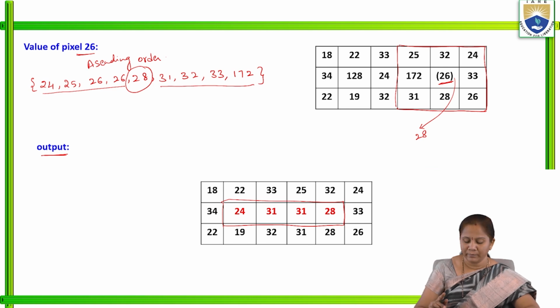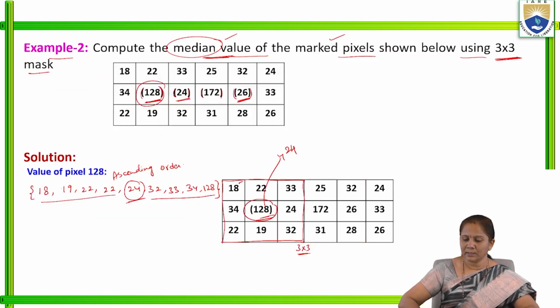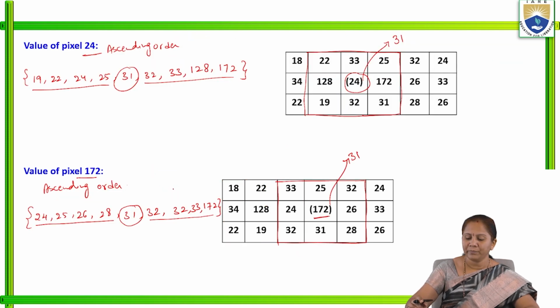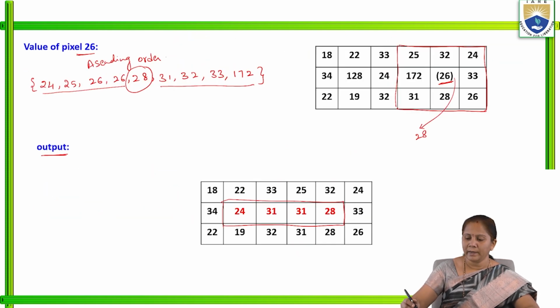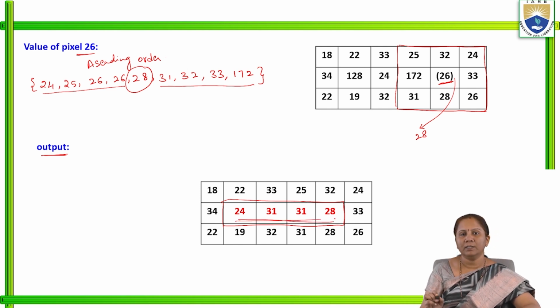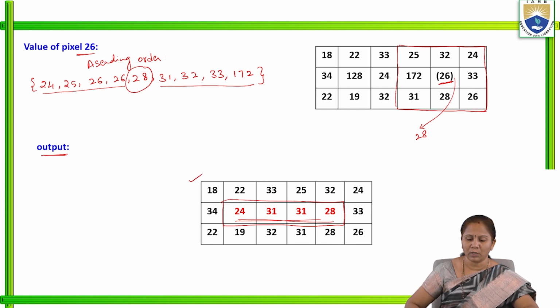So we can see 128, 24, 172, 26 and we have calculated the new pixel values for all of them. So we got for the first one 24, 31, 31 and 28. So all these values are replaced in the marked pixels and this is the output image. So this is how we have to solve.